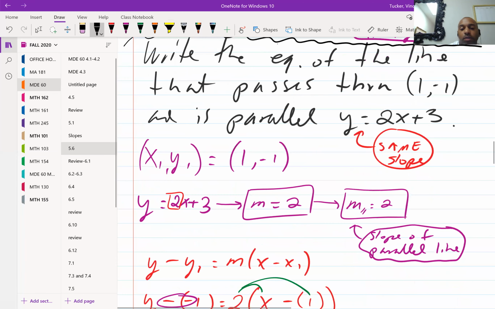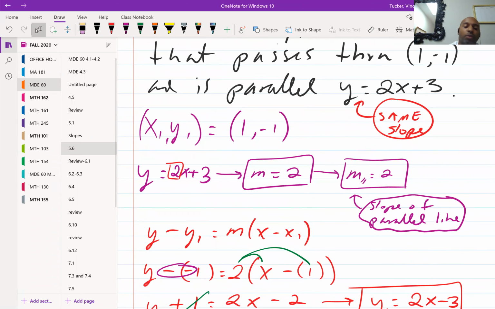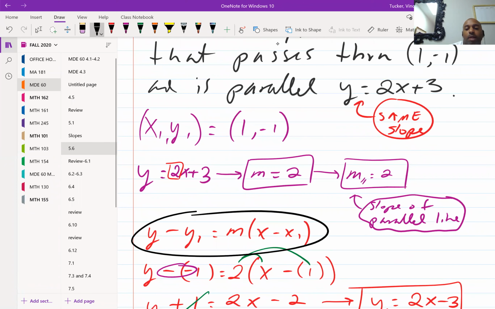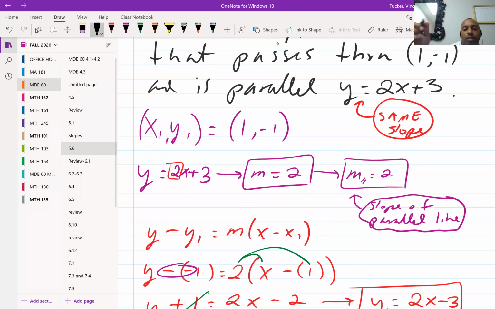Now we can use the point-slope formula. y minus y1 equals m times x minus x1. Same formula we've been using in this section. And let me erase this stuff so you see clean substitution. So that'll be y minus y1, which is negative 1, equal to 2 times x minus 1.